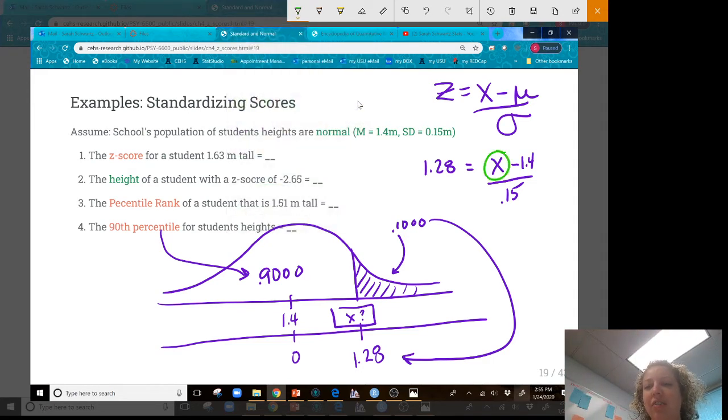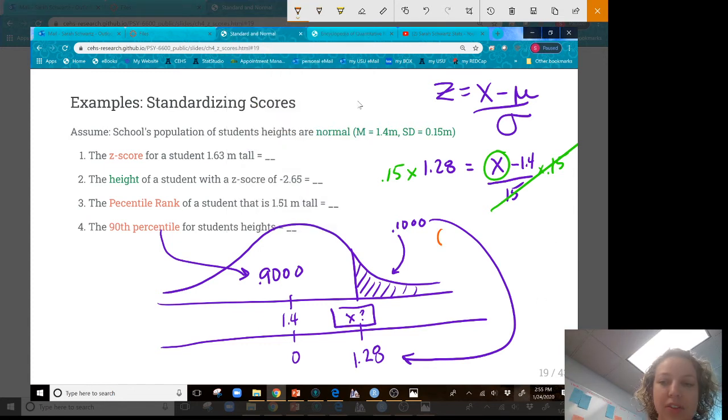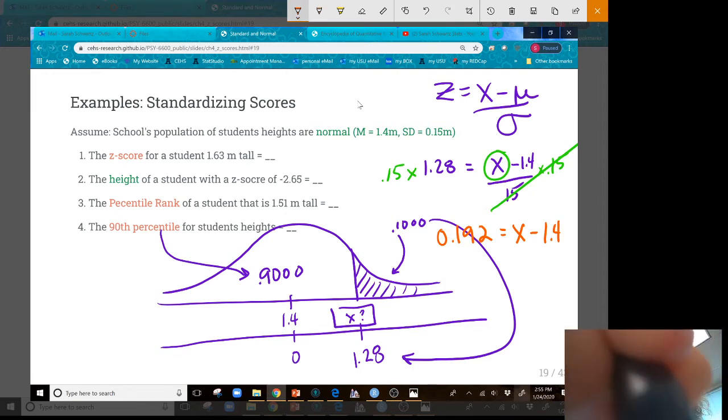Okay, steps. Get x alone. First, we need to get rid of the divide by 0.15 by multiplying by 0.15 on both sides. That's gone. So the calculator says 0.15 times 1.28 equals 0.192, which equals x minus 1.4. How do we get rid of the 1.4?